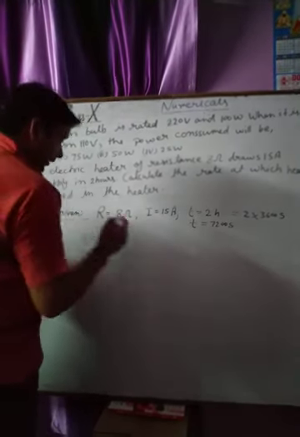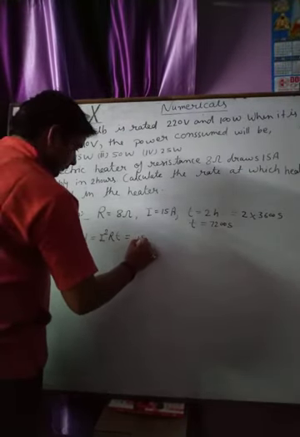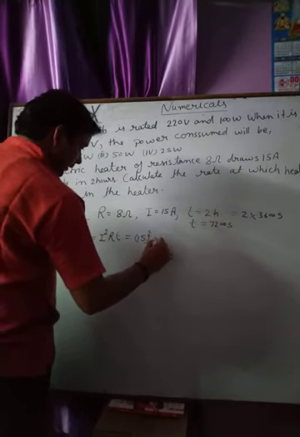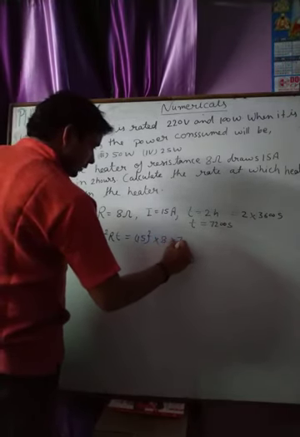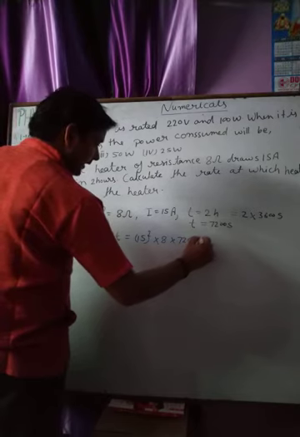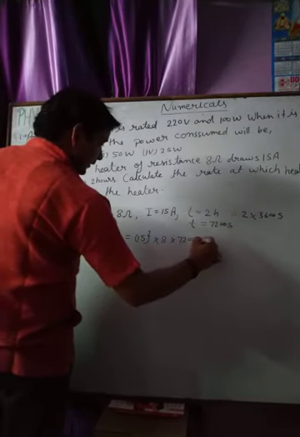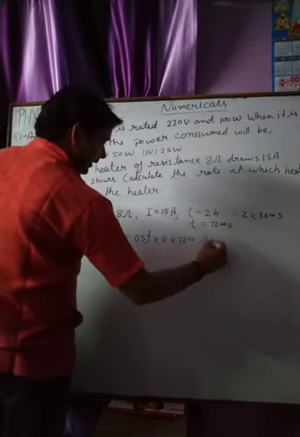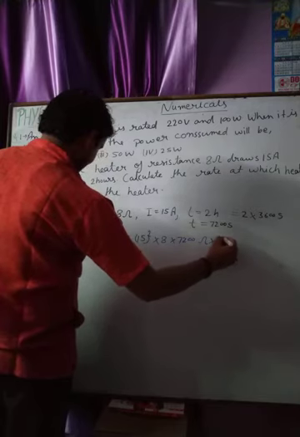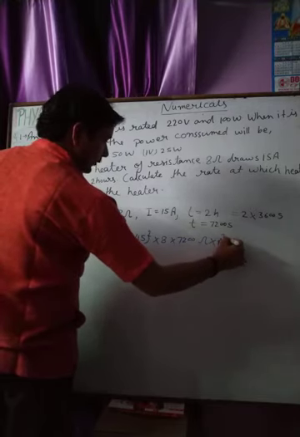Now the value of I is 15 squared into 8 into 7200 seconds. The units are ohm into ampere square into second.